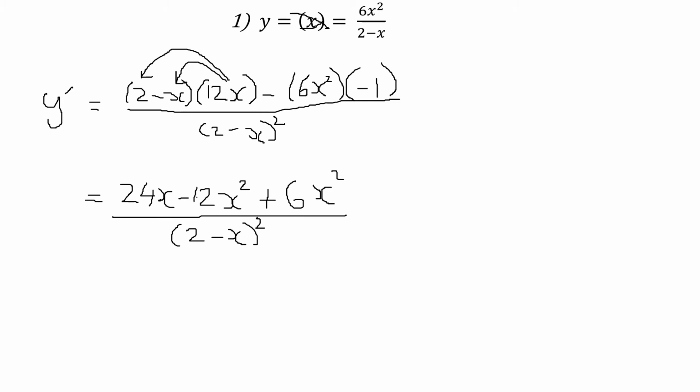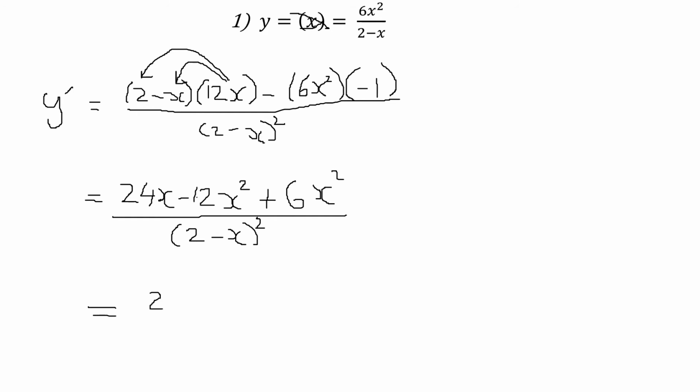And I think there's one more cleanup phase that we could do here. We could combine the 12x squared with the 6x squared. Usually I prefer the highest degree first and we come down the line, but at the same time, I don't like a negative popping up at the front. So I will make a personal exception here.